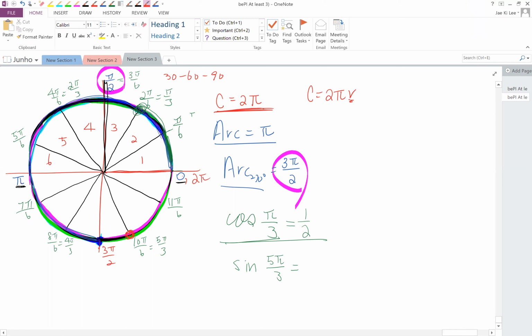It's negative root 3 over 2. Yeah, negative root 3 over 2. Okay.